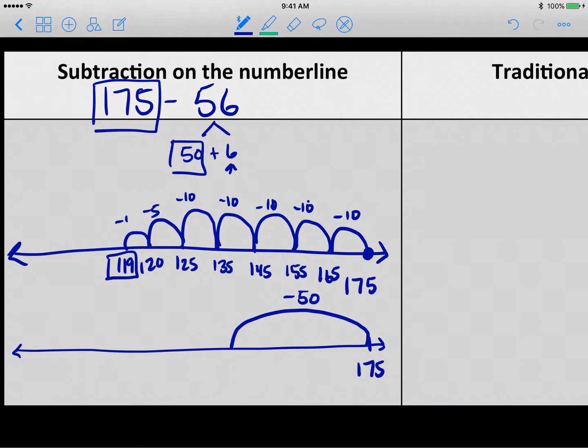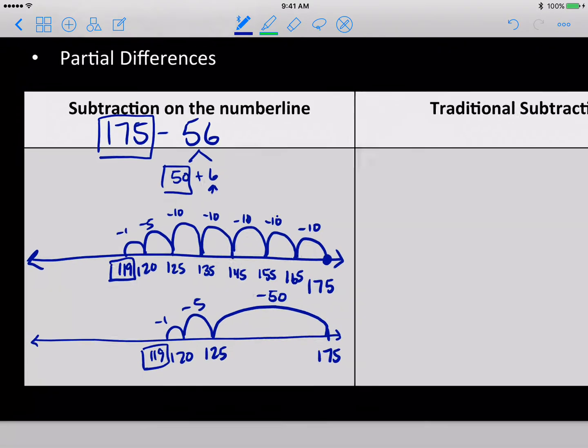My tens place is getting smaller by 5, so I know that 7 minus 5 is 2, so I'm going to have 125 here. From there, we just have to make a jump of 5, 120, and then a jump of one more, which would be 119. So both ways work well, but it's really up to whatever your preference is, which way you choose to do that.